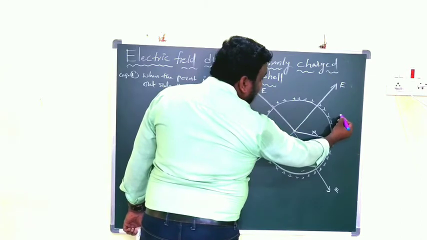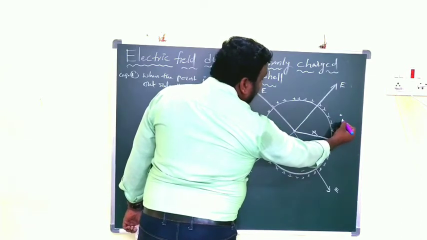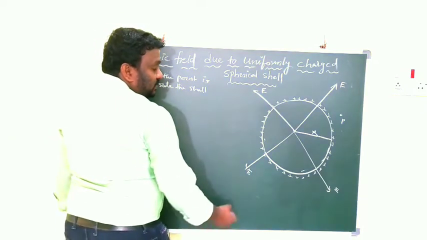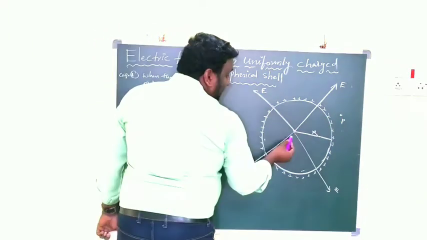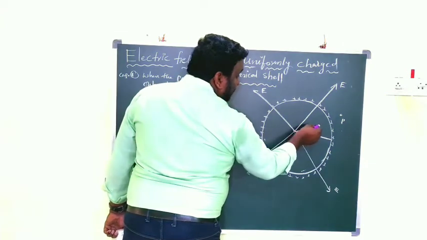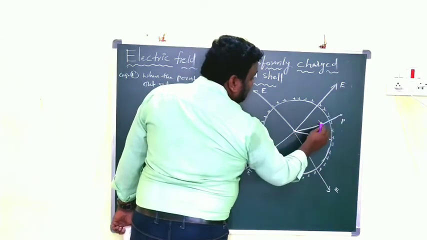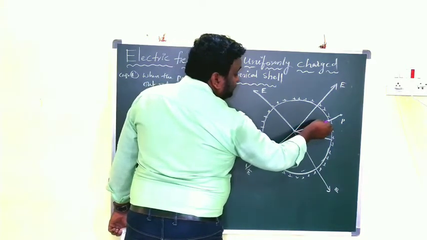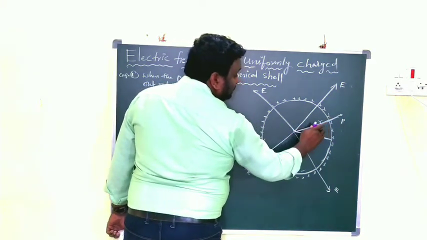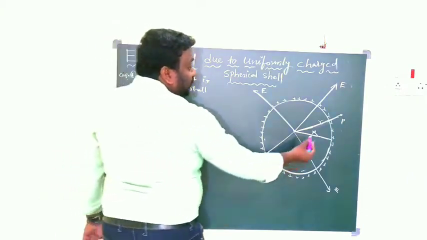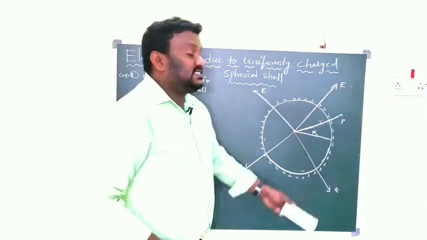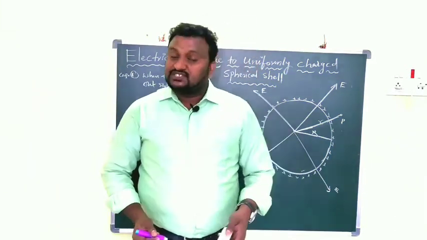This is the point we have selected. At this point we have to find out the electric field intensity. Clear? This point is at a distance of small r from the center of the charged spherical shell.